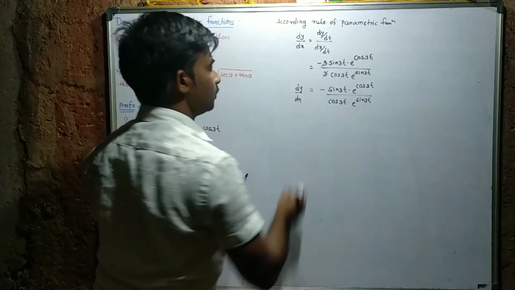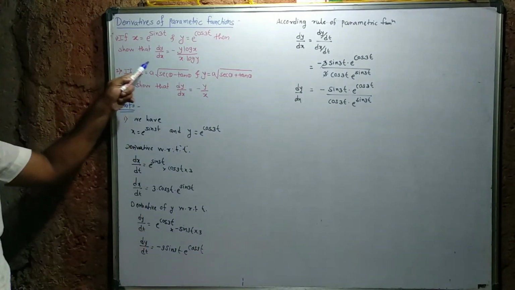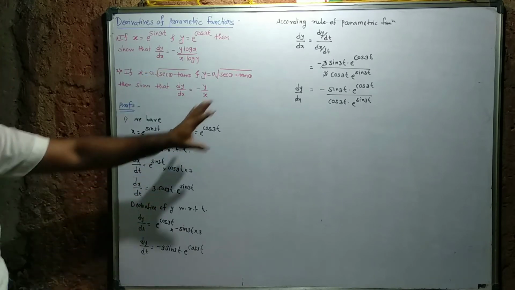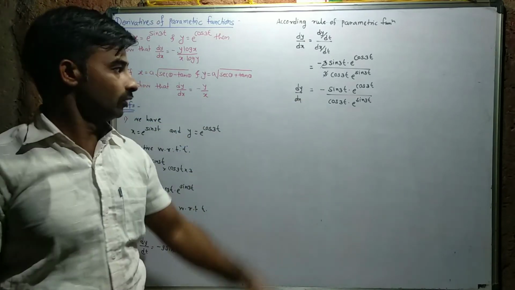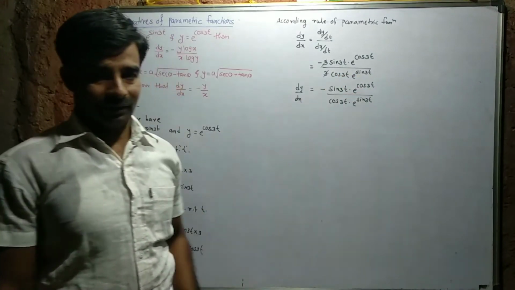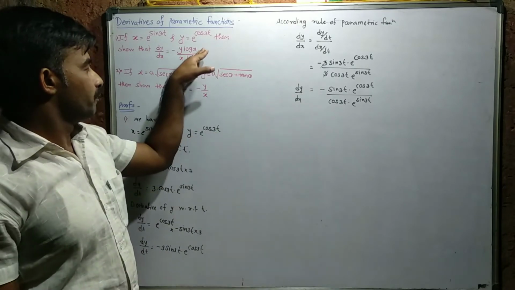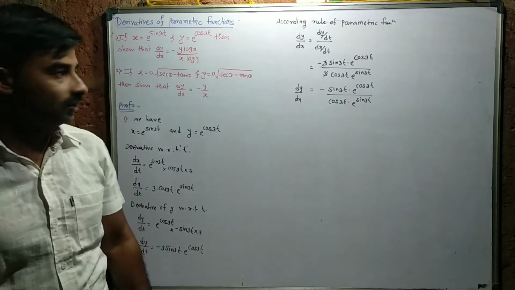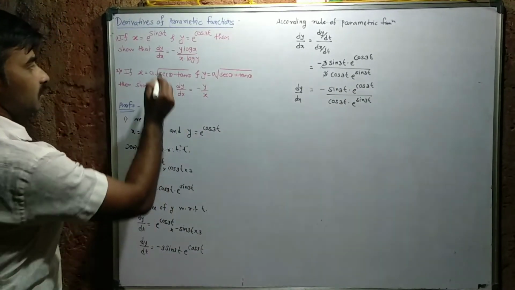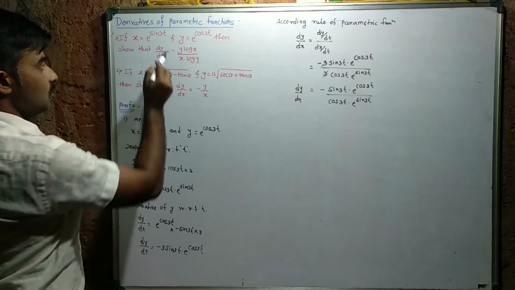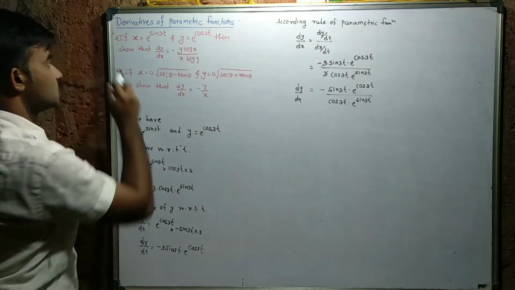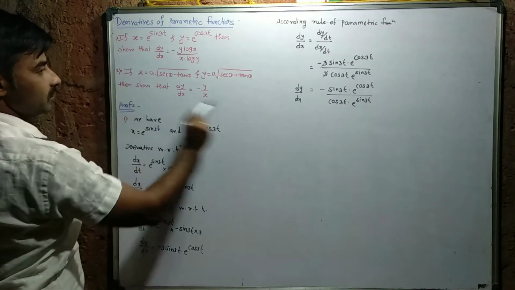But it is not the final result, because we have to show that dy by dx is equal to the given expression. Right now we have completed the parametric derivative of y with respect to x, and this is right, but not in the perfect form to show that. So first of all we have to think about what the requirements are. Here y is e raised to cos 3t, which is present inside this one, and x is e raised to sin 3t, which is also present.